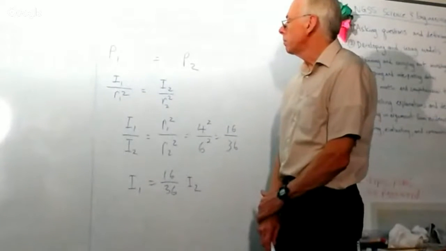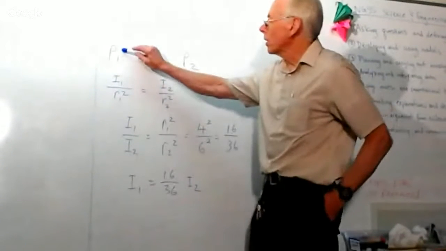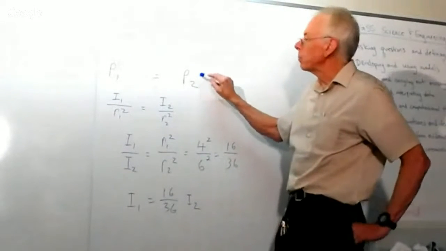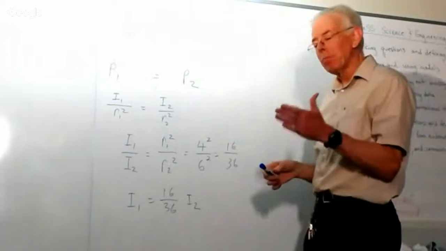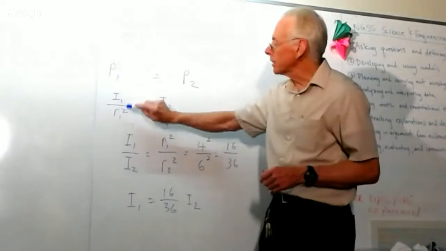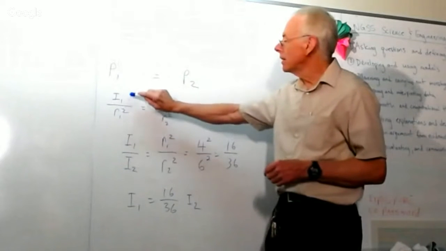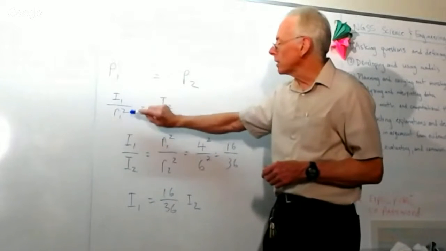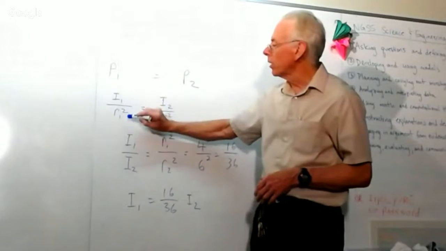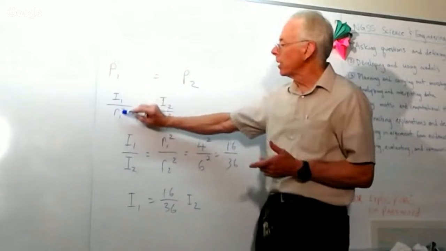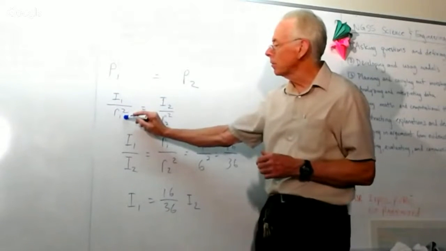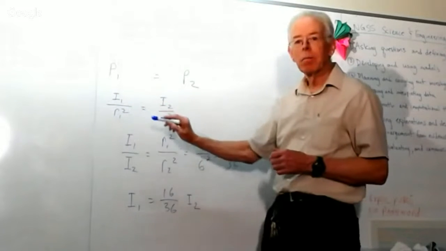So the power of light bulb number 1 and the power of light bulb number 2 at some distance become equal. And power is the watts per meter squared, the intensity. So I substitute intensity 1 over the distance from the light bulb to the grease spot, distance 1 squared.